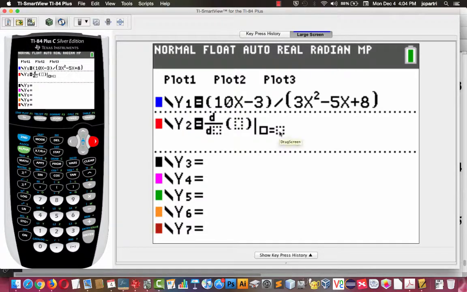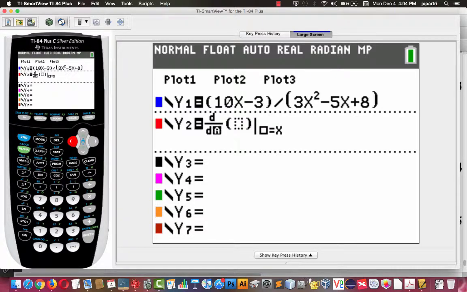So this part right here needs to be x. That's the output. So when it takes the derivative, in the place of the variable, we're going to have a dummy variable, and I'm just going to use the letter a as a dummy variable. After it takes the derivative with respect to a, it then sets all of the a's in the function equal to x. That's kind of important.